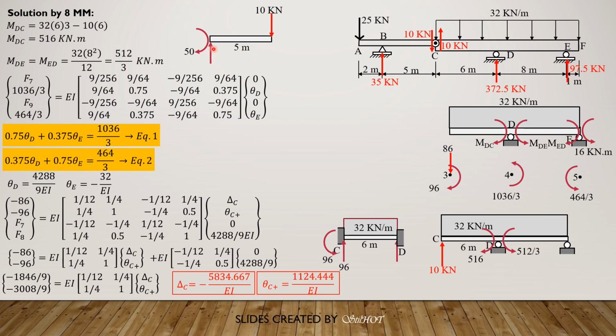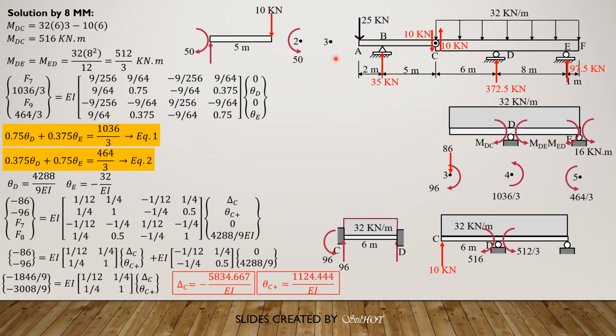So if this is B, then the nodal forces at B would be F3 and F4, where F4 is the opposite of clockwise moment, which is counterclockwise 50. Because this is B, the vertical deflection is 0, so we won't mind that.